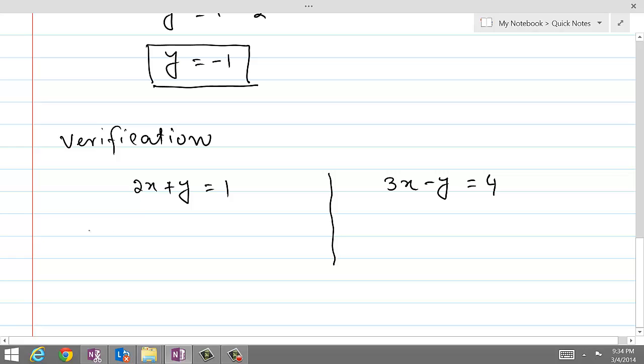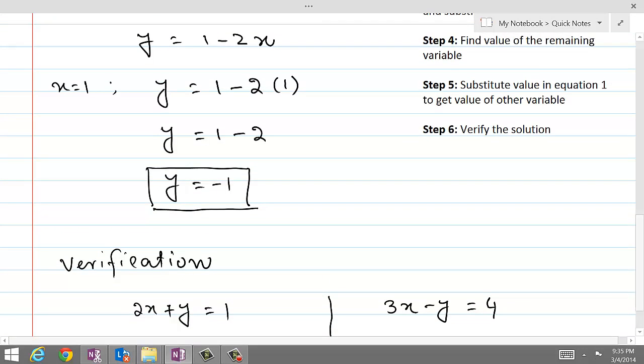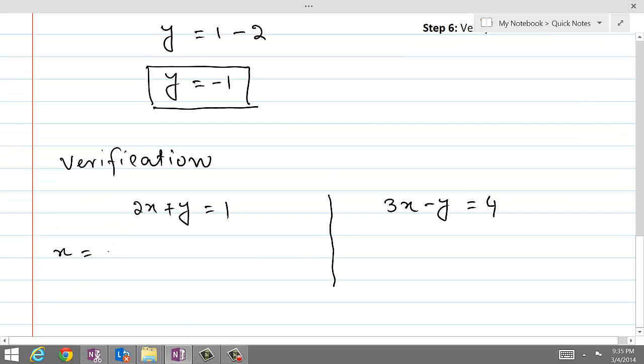So let's substitute x equal to 1 and y equal to minus 1. If this pair x, y is on this line, then it should give us a true sentence, like 2 times, instead of x, that is 1, plus, instead of y, minus 1, equal to 1.